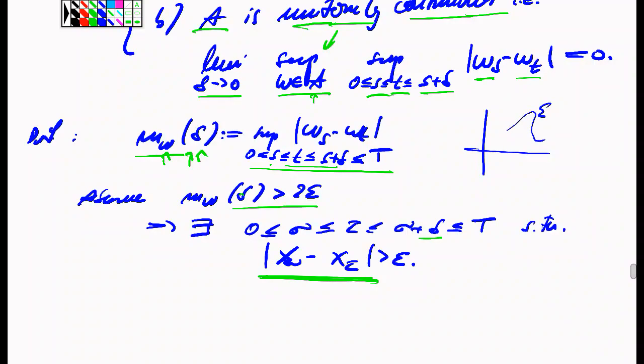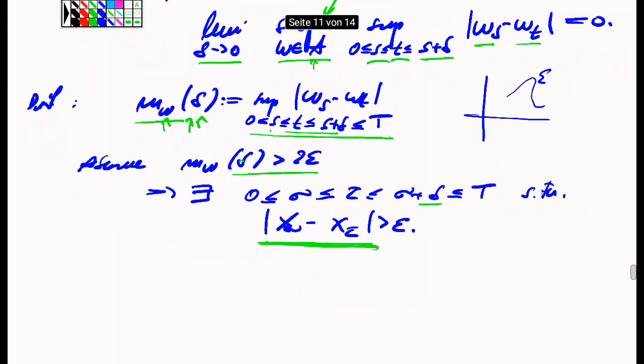So basically, how you can do that, you start at each moment of time, you look back onto the last interval and compare the current value with the latest maximum or something like that, and then when that exceeds a certain number, that's the first stopping time, and you iterate this, and that's the second stopping time. And when the modulus of continuity is greater or equal than 2 epsilon, then these two stopping times will produce a difference in value of at least epsilon.